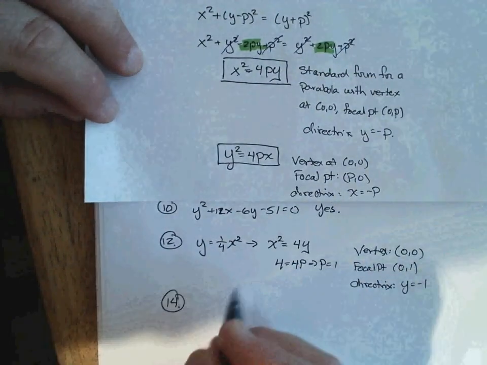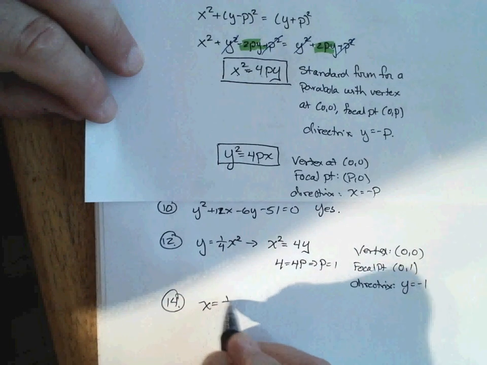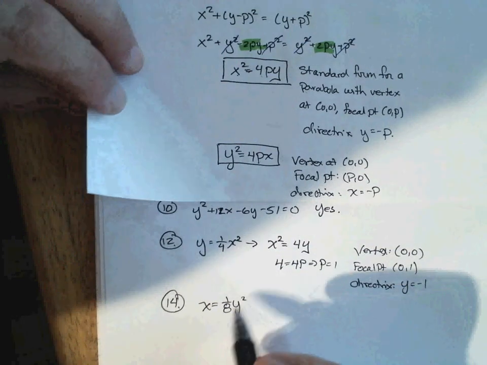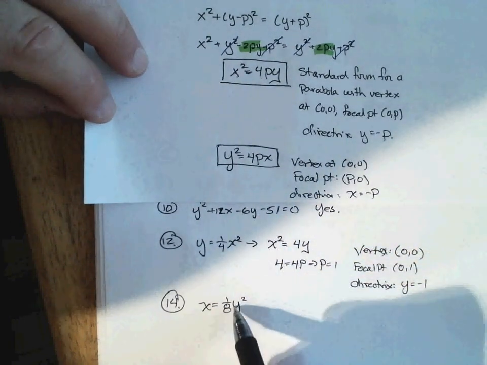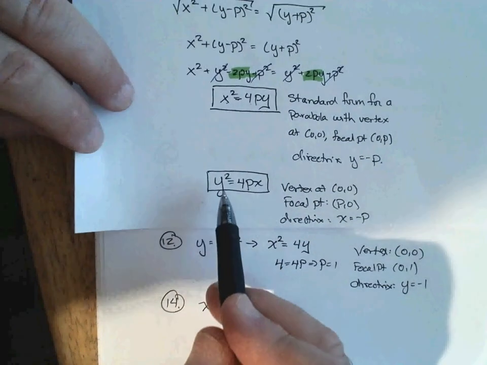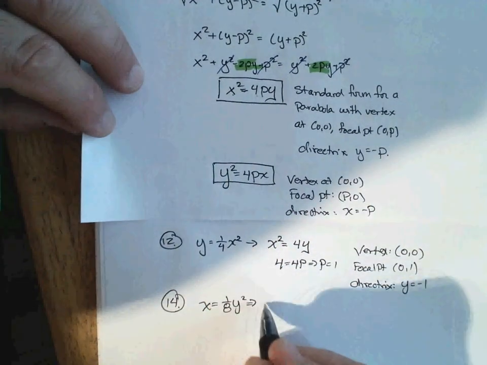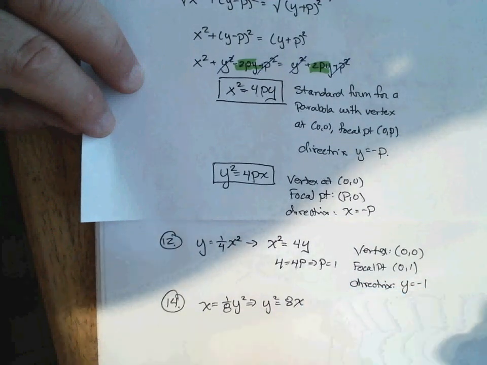Number 14. In 14, we have x is 1/8 y squared. So this is of the form y squared and an x. This one looks like this. I want to get the y squared by itself. So y squared, multiply both sides by 8.